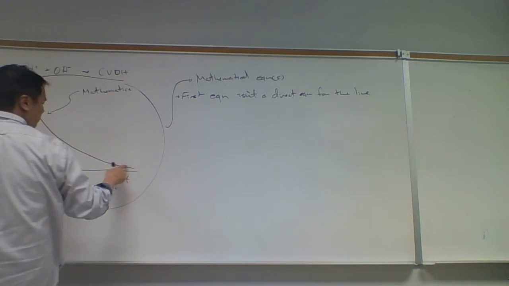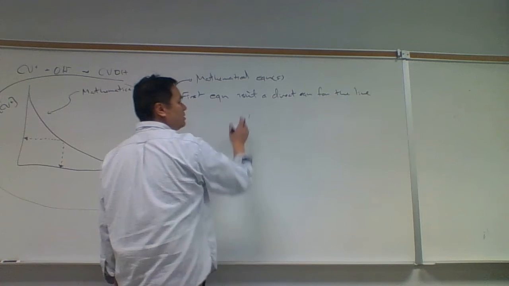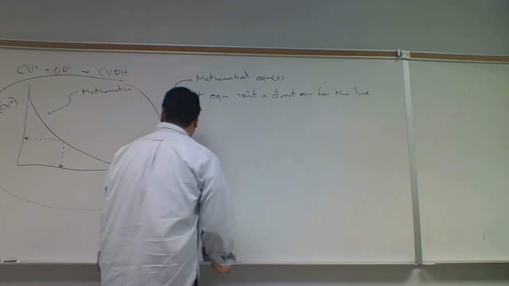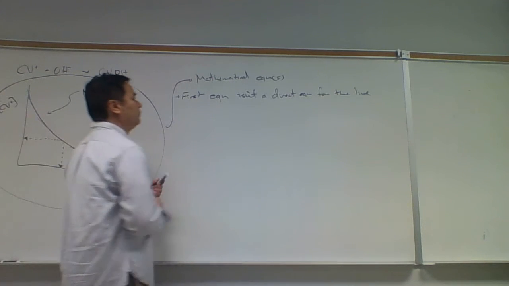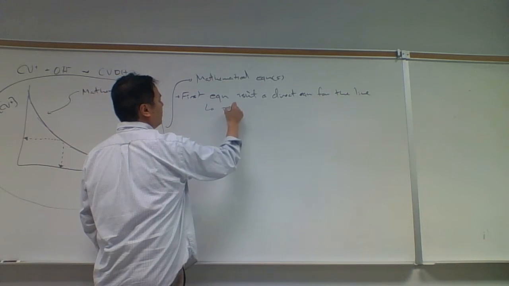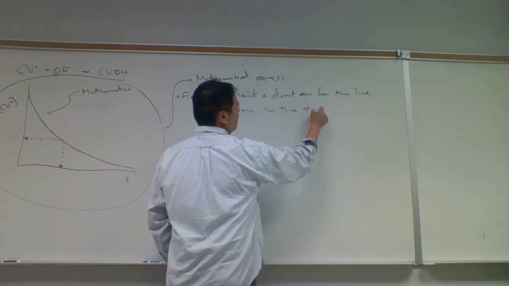What kind of mathematical function does this look like? Logarithmic or exponential, right? Well, this first equation isn't a direct one. This first equation is an equation for the slopes. There's a pattern in the slopes of this, and the slopes are the slopes of the tangent. We call those the instantaneous rates. And so the first equation is this pattern in the slopes, which isn't terribly obvious.